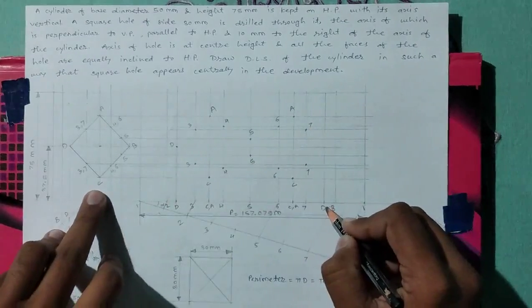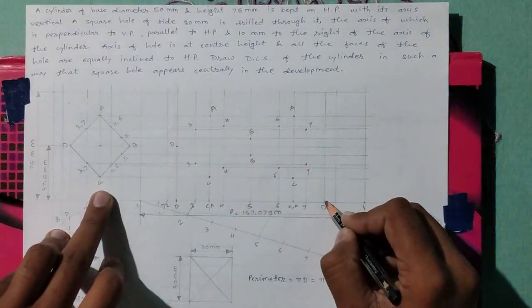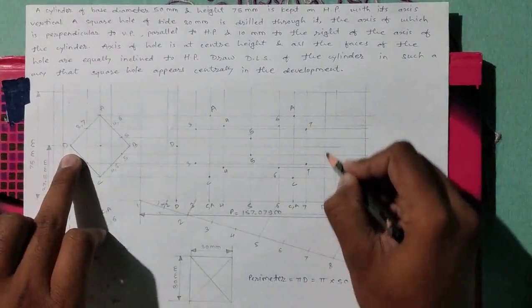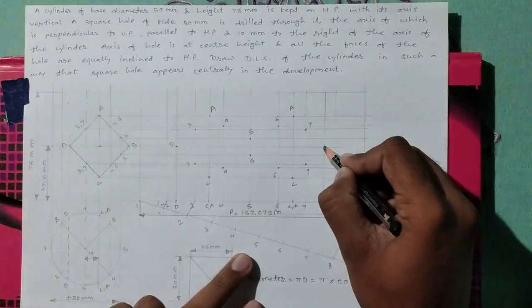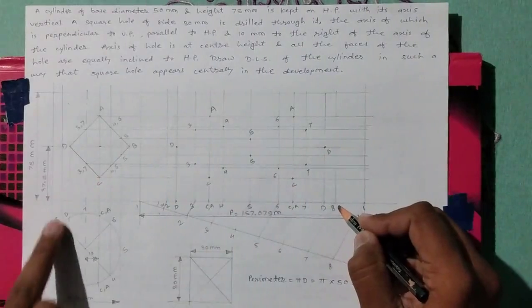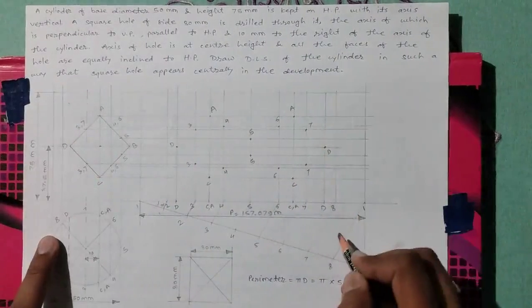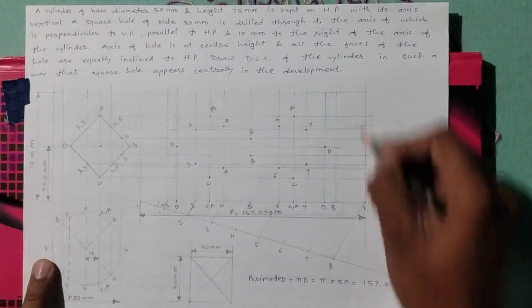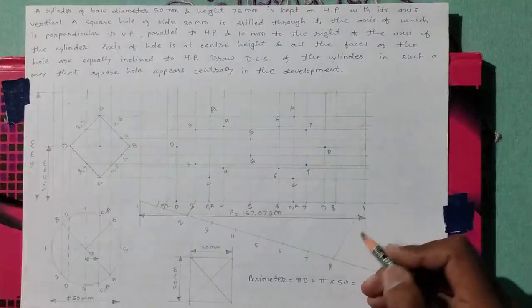Again take the projection from point D, here is point D, and from here is point D. There is no intersecting point on the line of 8, and no intersection at the point of 1 in this front view.